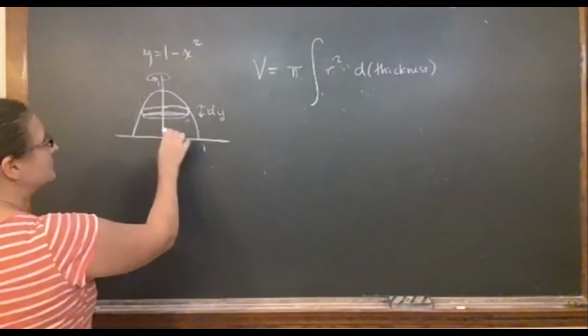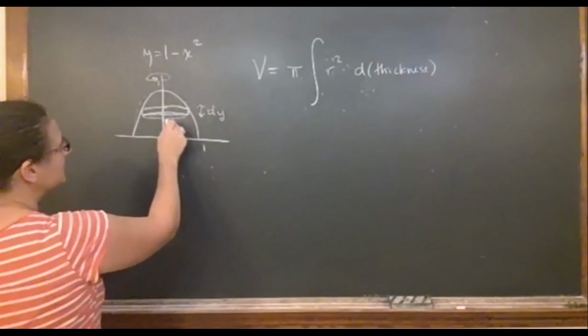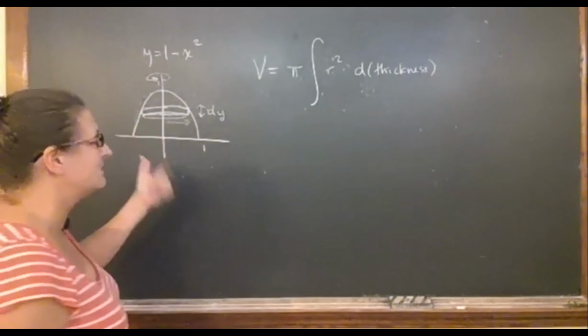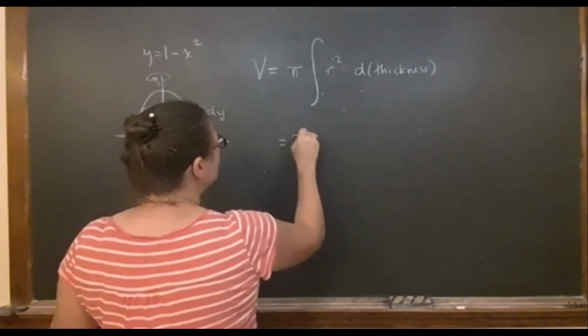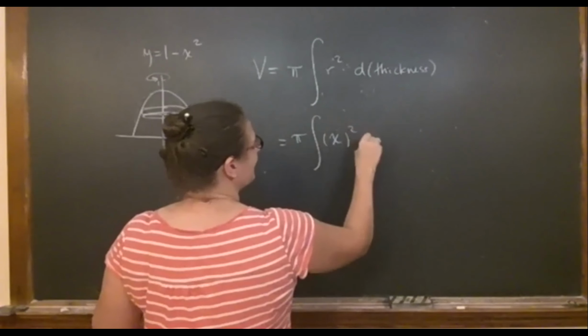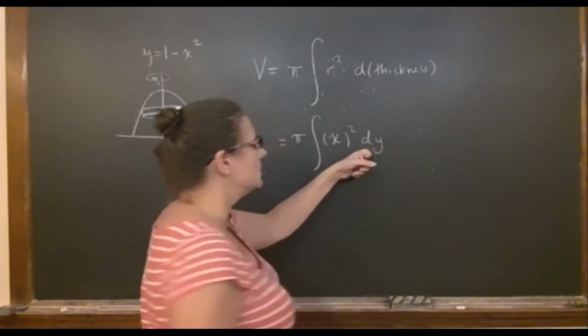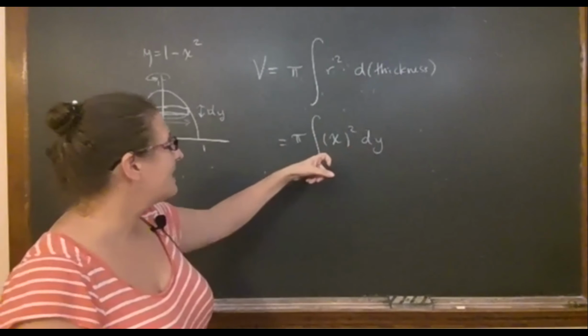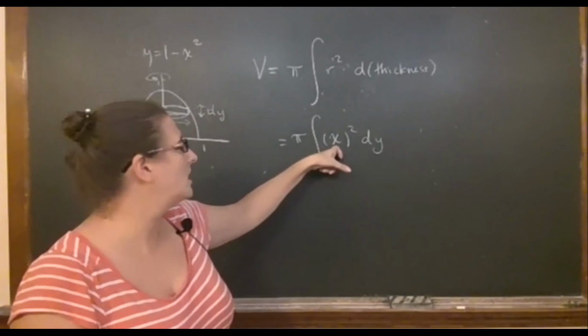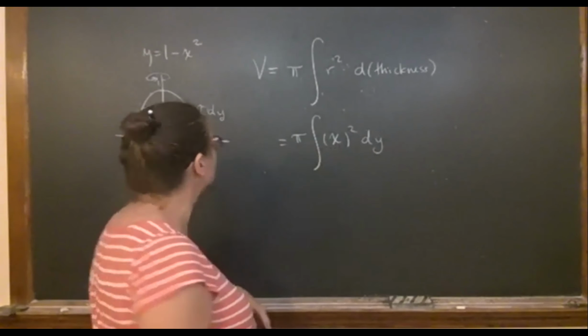I want everything in y. Right here, the radius is actually the x value, so I want x value squared dy, but I have to have this in terms of y.